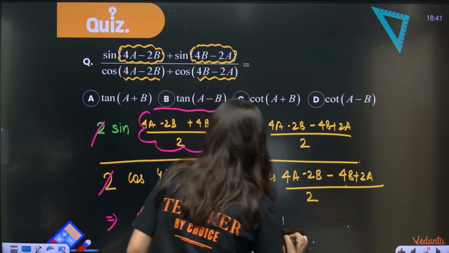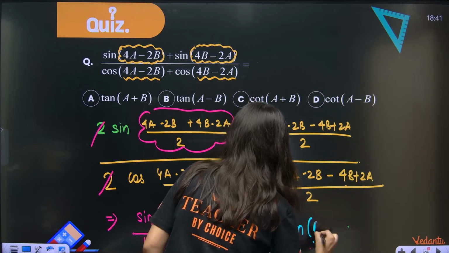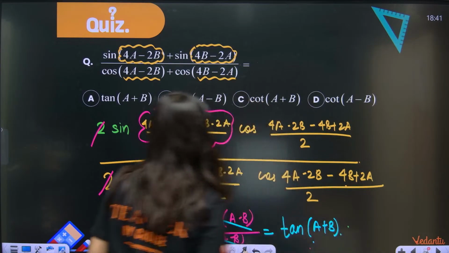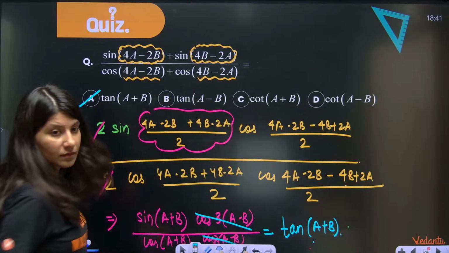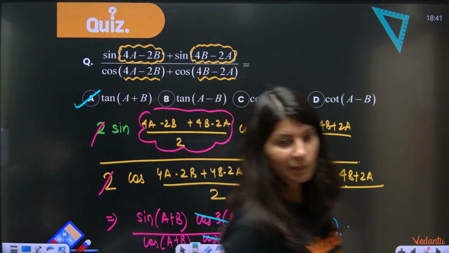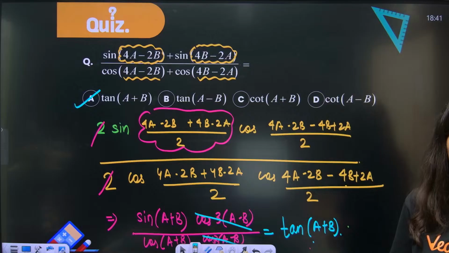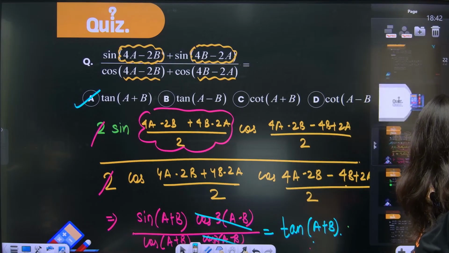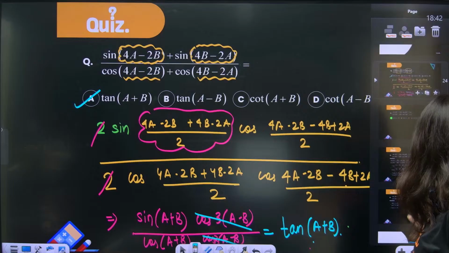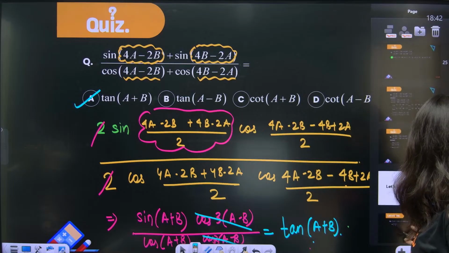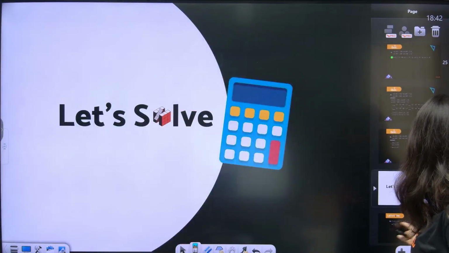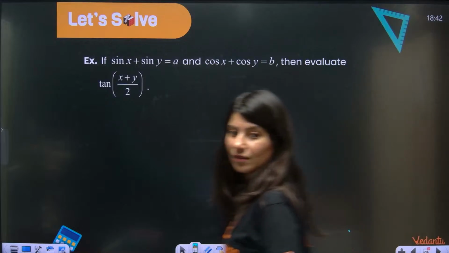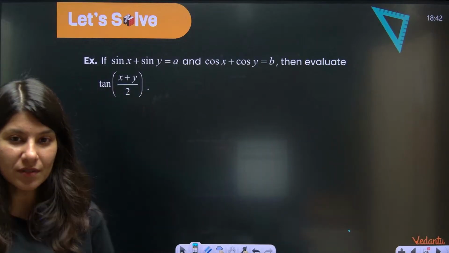Sin by cos is tan (A plus B). Yes, option A. Rohit is also saying, Taruna is also saying, getting it, understanding it. Perfect. Now one more question.